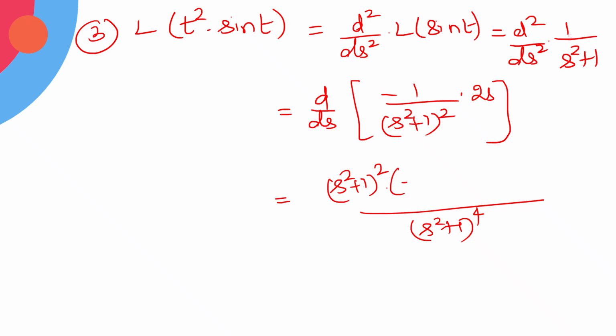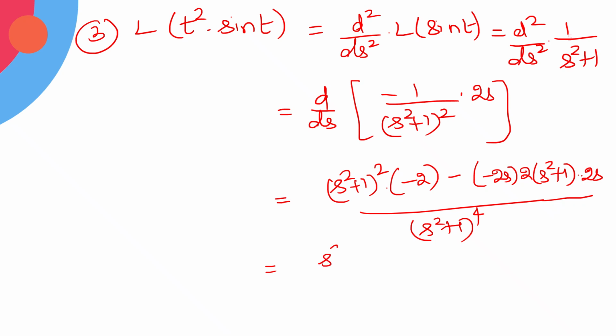It will be minus 2, then minus, keep this minus 2s as such. Differentiation of s square plus 1 the whole square. First of all, we have to apply the power rule. So it is 2 times s square plus 1. Then what is differentiation of s square? It is into 2s. So very clearly we can cancel one s square plus 1 in the numerator and the denominator. Otherwise we can take common and we can cancel it down.